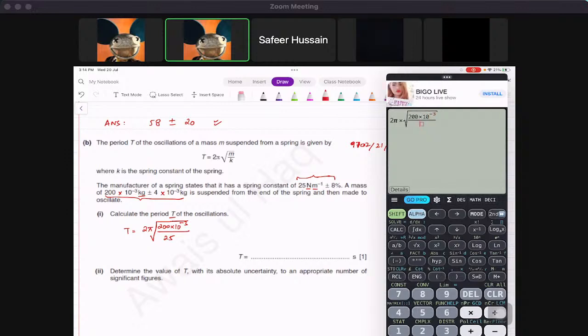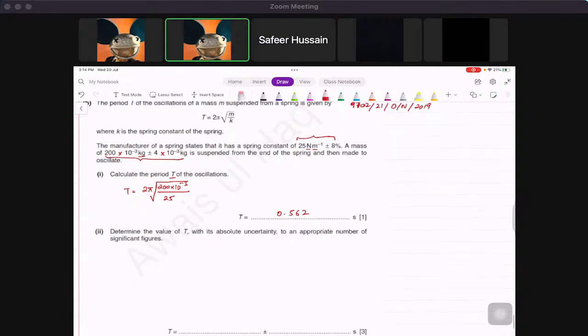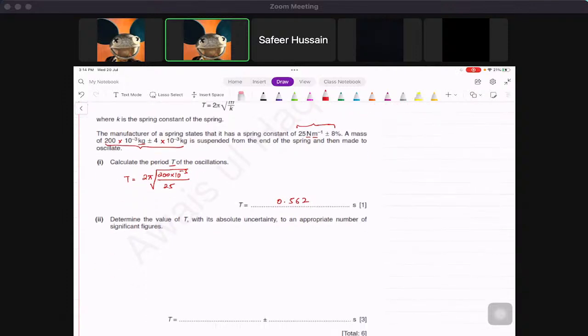So this is 0.56 and 2. Yeah, so I wrote it. Pretty simple, right? Now in this question they say determine the value of t with its absolute uncertainty to an appropriate number of significant figures. Now they already say it, and you've got to remember that.